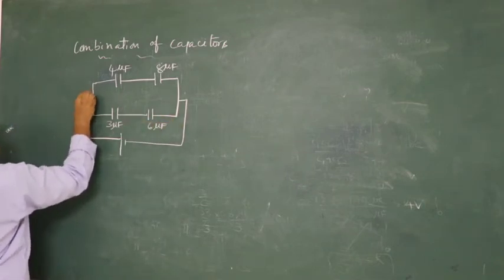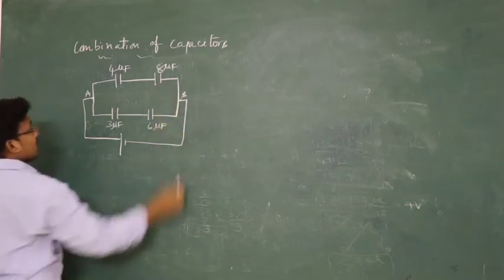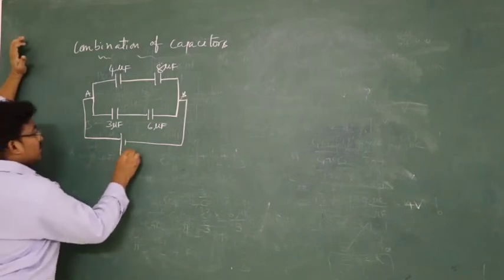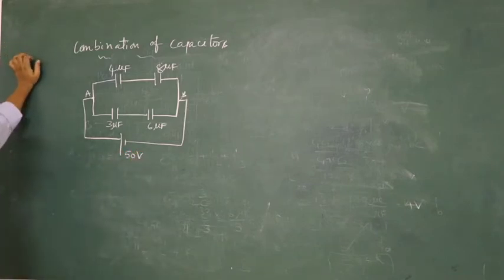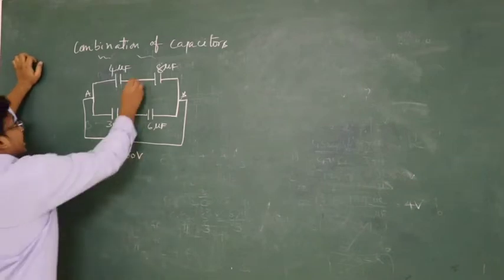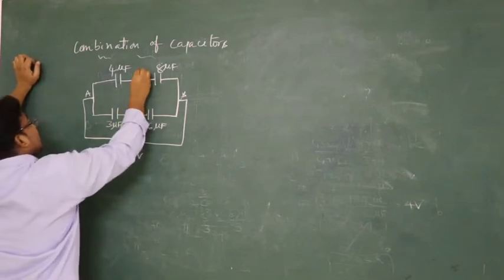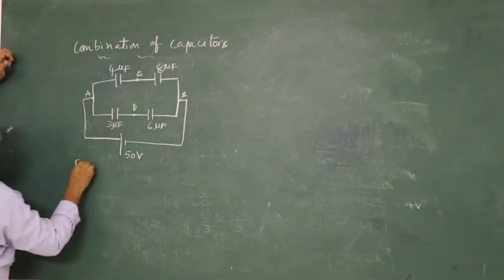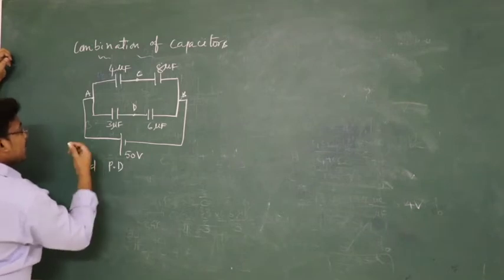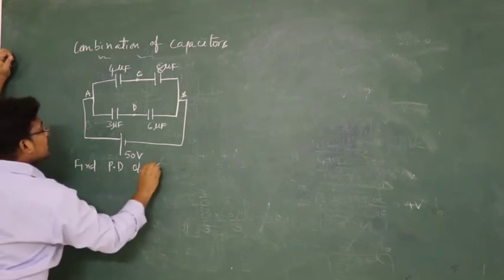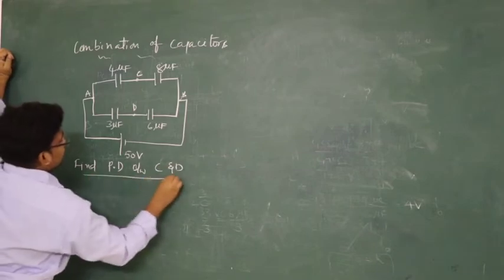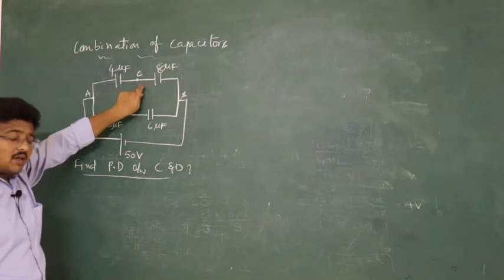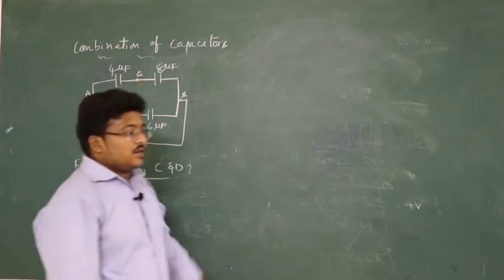Now these are the points A and B. The battery voltage is 50 volts. There are some points C and D. Now the question is, find the potential difference between C and D.